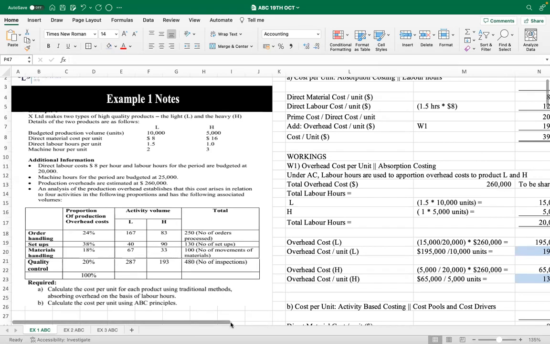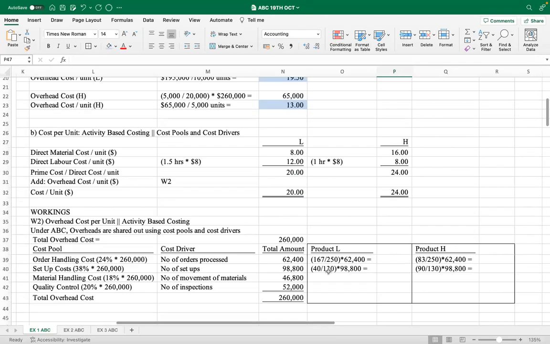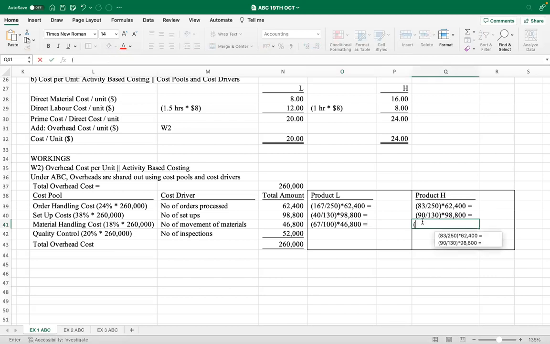So 67 over 100 times 46,800, and this other one is 33 over 100 times 46,800.